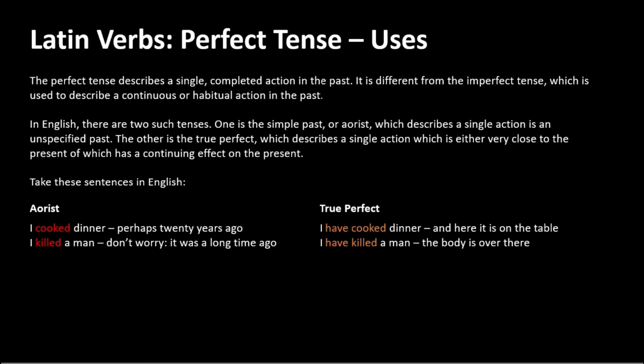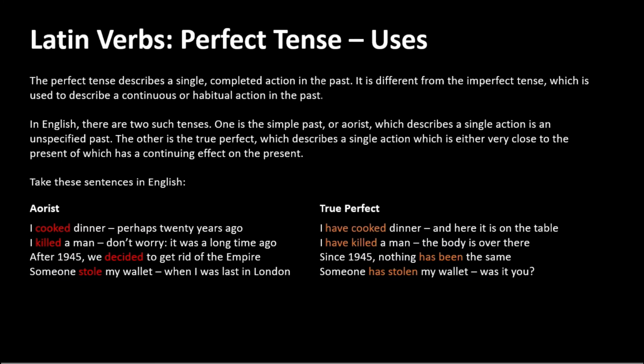I have killed a man, and if I have killed a man, I may kill another, and it may be you. And so these two statements, I killed a man and I have killed a man, are both statements about past events. But the true perfect statement, I have killed a man, is much more relevant to where we are in the present.